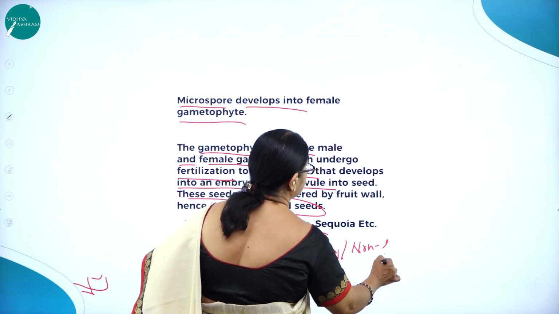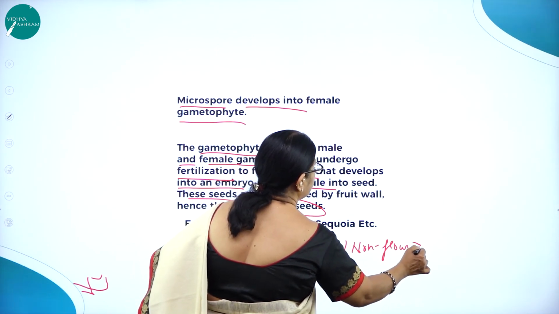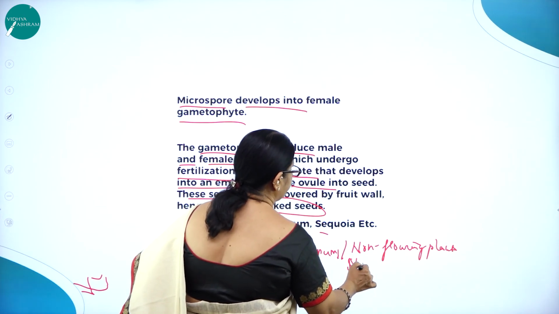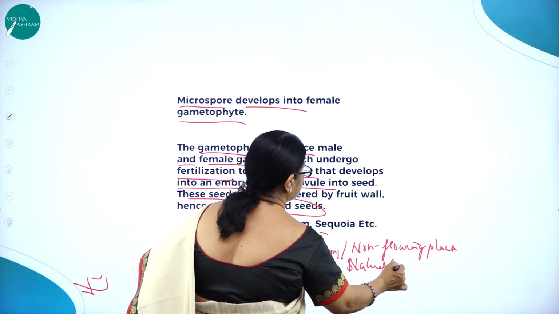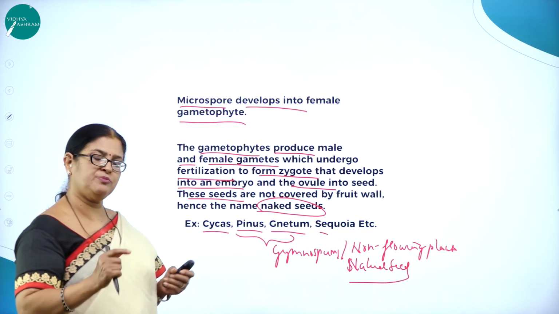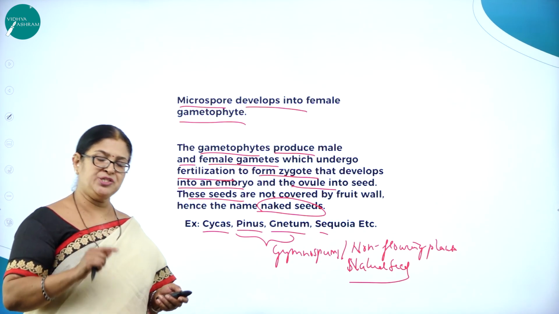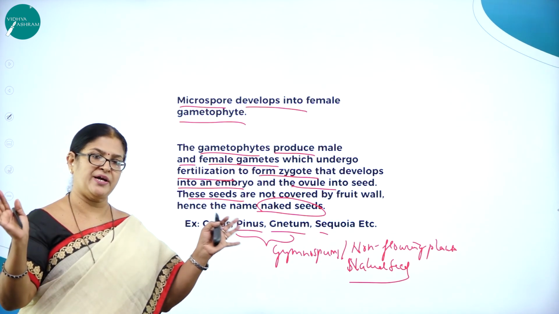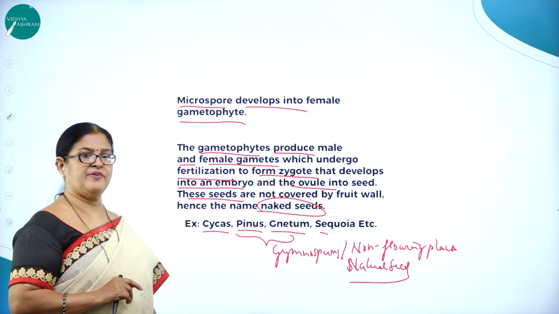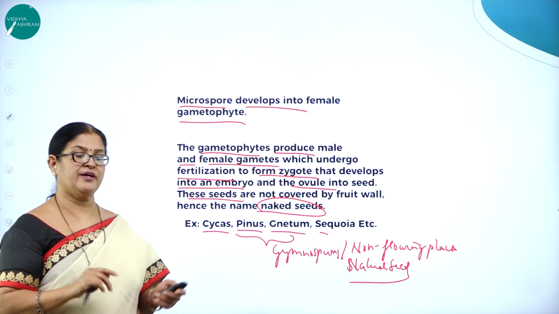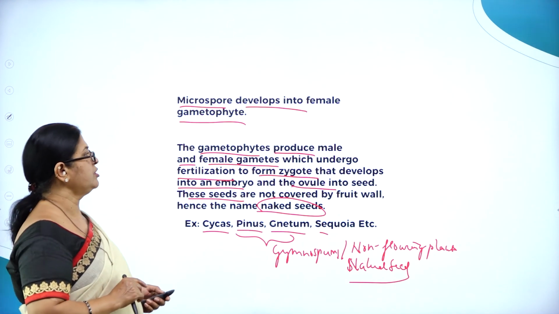Non-flowering plants and naked seed bearing plants. Both gymnosperms and angiosperms are seed bearing plants. The only difference is in angiosperms we find that the seeds are covered by a definite fruiting structure, whereas in case of gymnosperms the seeds are naked, not covered by a definite fruiting structure or a fruit wall.